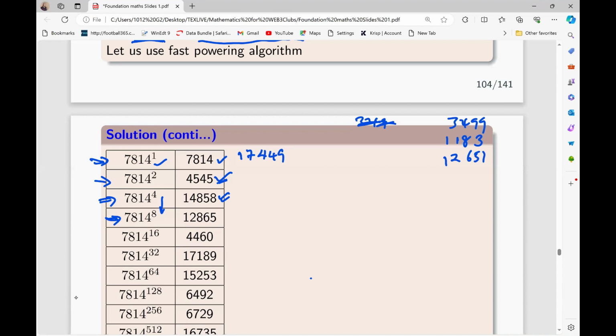Let's find the remainder. The remainder is 12,865.